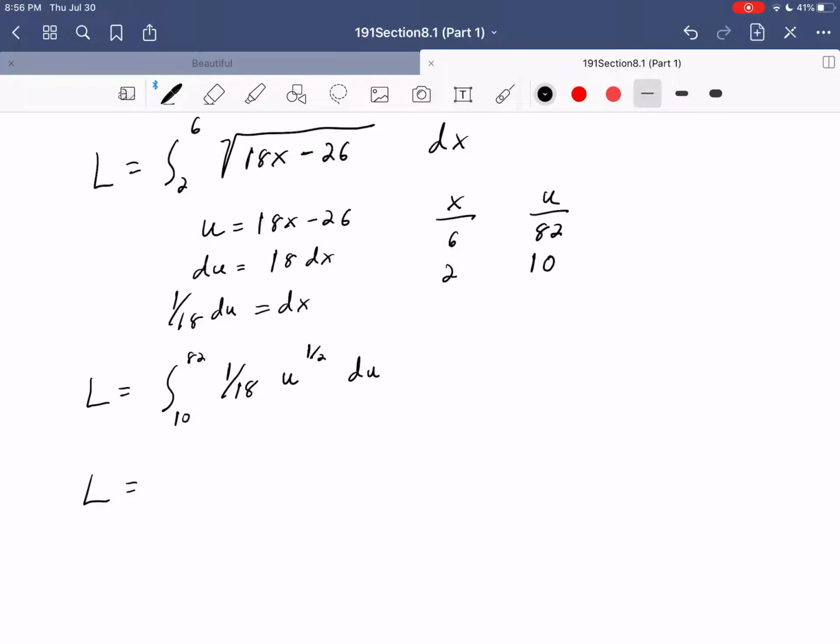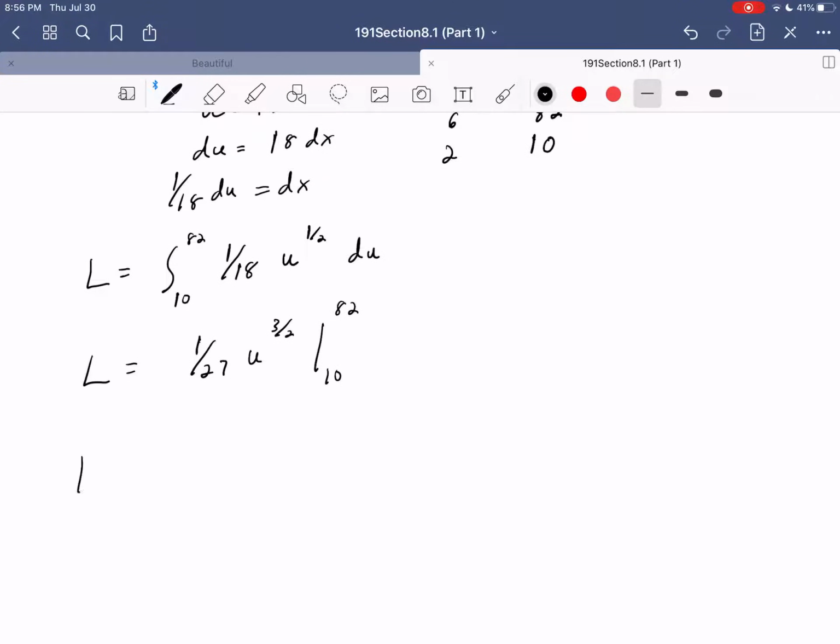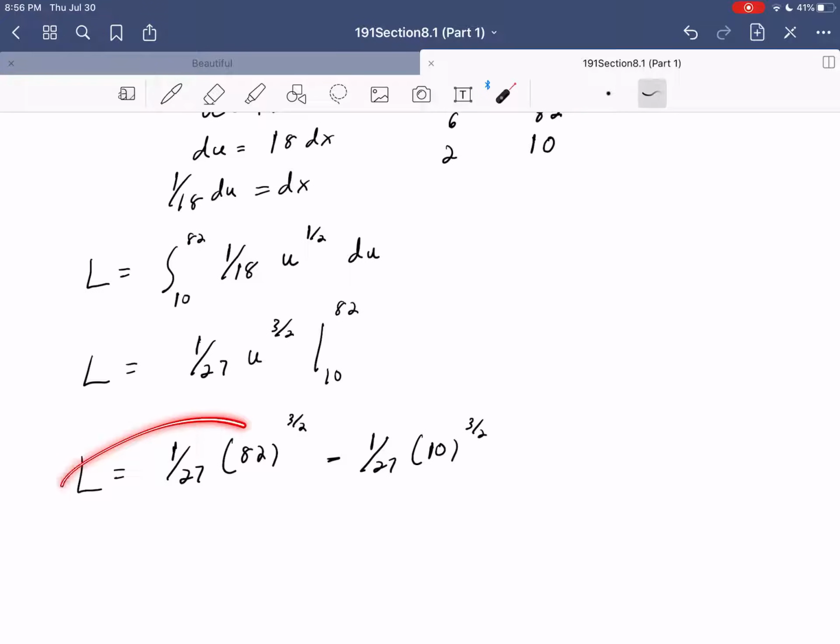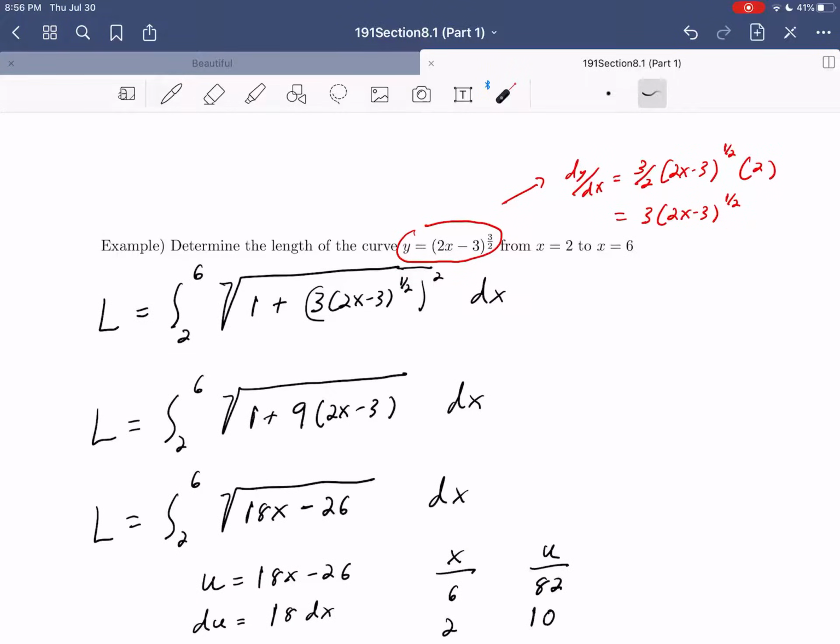That's going to be 1 over 27, u to the 3/2, evaluated from 10 to 82. And if we plug that stuff in, looks like we get 1 over 27, 82 to the 3/2, minus 1 over 27, 10 to the 3/2. So that's the length of this curve from x equals 2 to x equals 6.